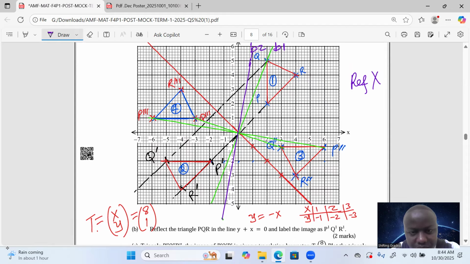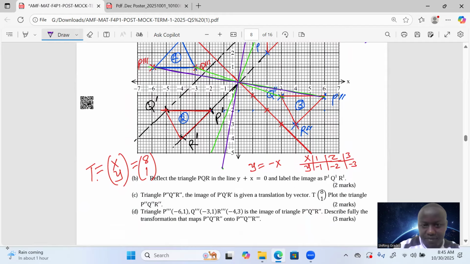If we connect P to the center and we move to the opposite side, that is, from the center to P prime, then we measure the angle. We discover it's 180.